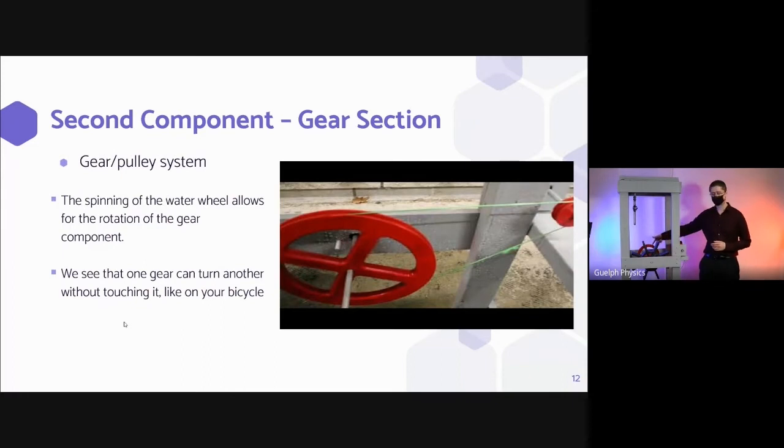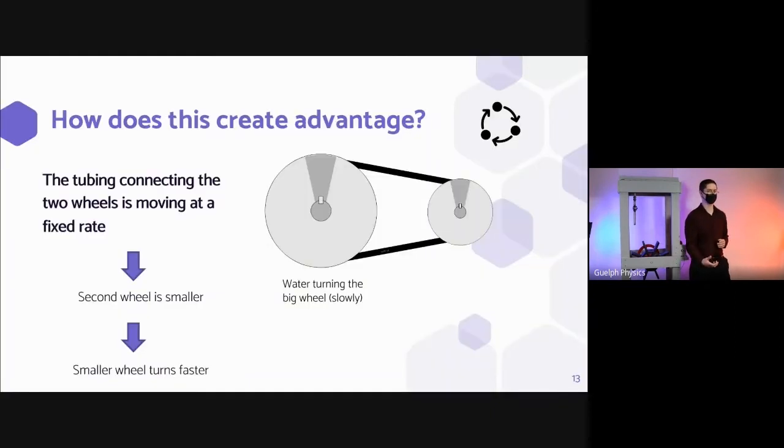That spins the larger gear, which then is connected by this string, which turns the smaller gear. This is essentially the same idea as the sprocket system or gear system that's on your bicycle. You know, you have some gears on the front, you have some gears on the back, and it's the same thing that's happening here. So now on the next slide, I really want to dig in to how this works and why we do it to give us an advantage.